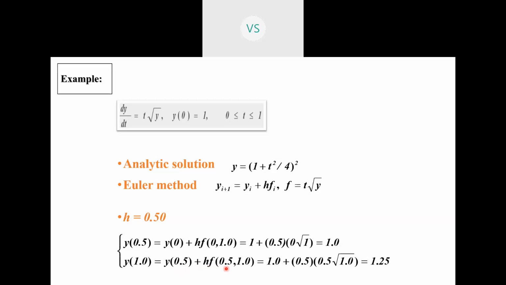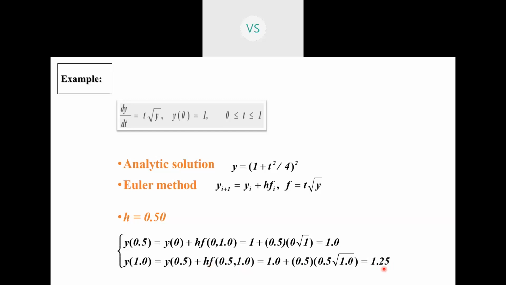The previous value of t is 0.5 and the previous value of y is 1, which we have obtained over here. So y at 0.5 is 1, plus h, which is 0.5, times the function with t as 0.5 and y as 1. So we are getting this as 1.25.